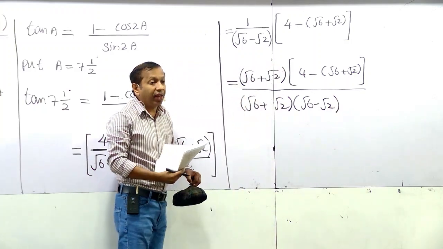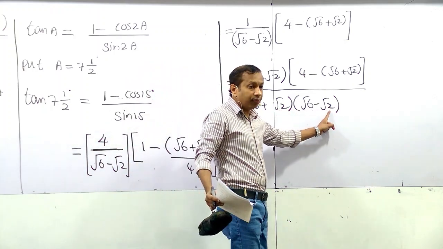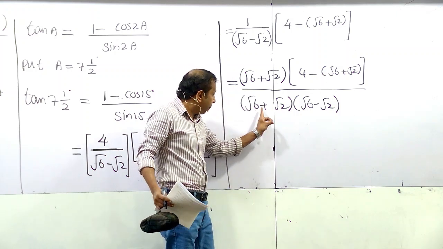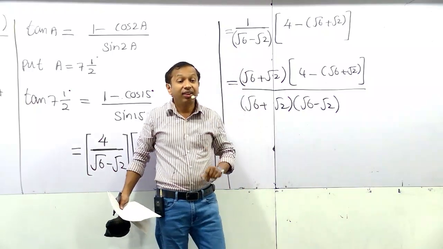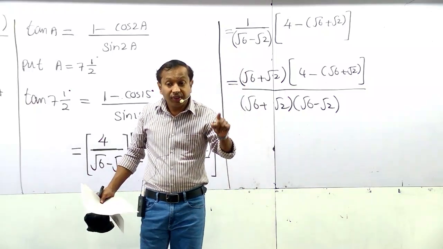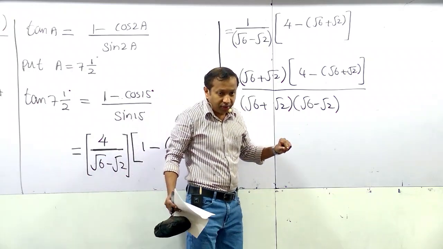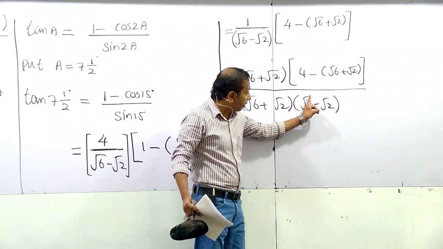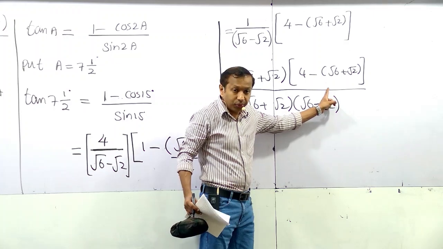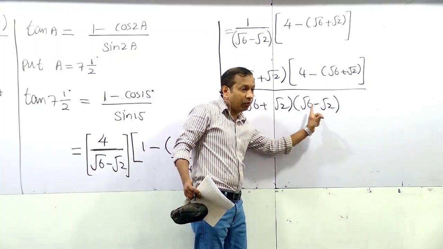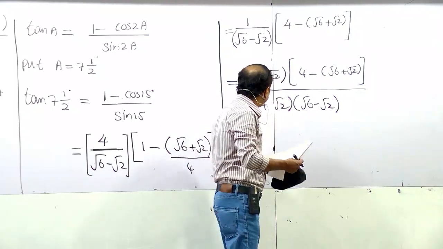People, can somebody tell me the answer for this? Root 6 plus root 2 into root 6 minus root 2. It's like (a plus b) into (a minus b). What is that? A squared minus b squared. Understand? Then how to take the answer? Square this 6 minus square this 2. 6 minus 2. The denominator is now 4. Am I correct? Yes, right.